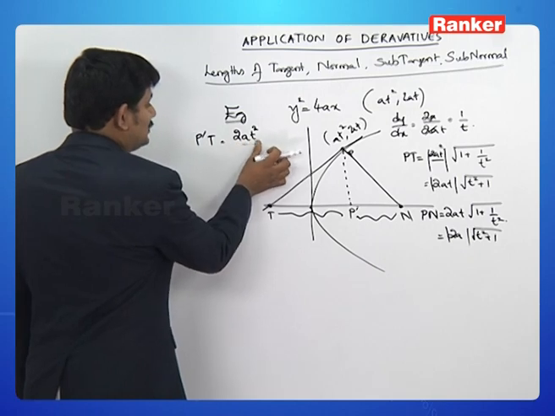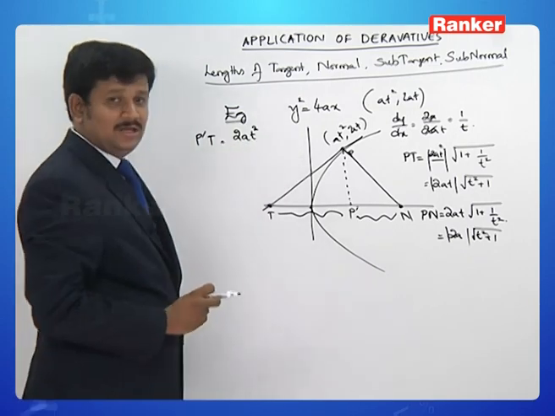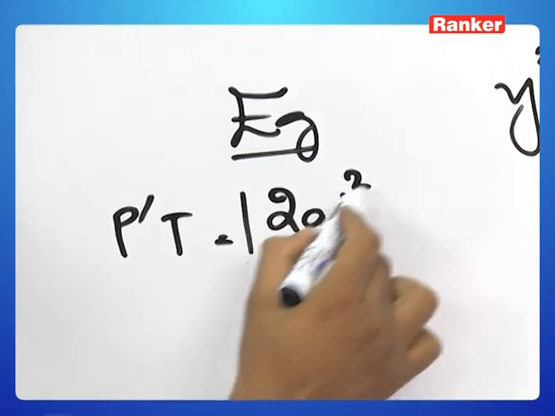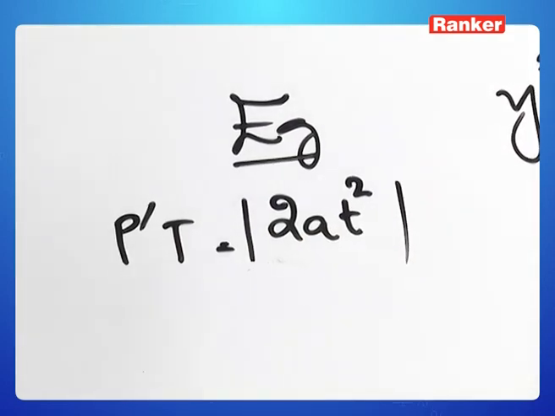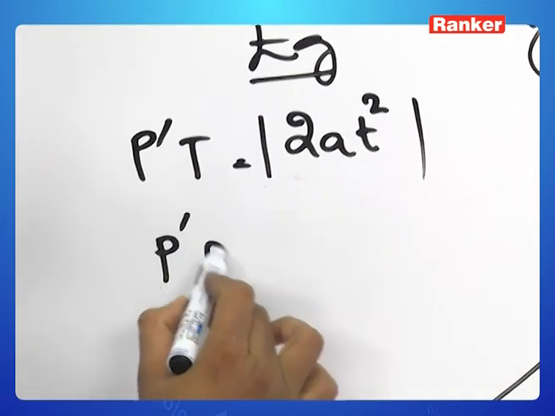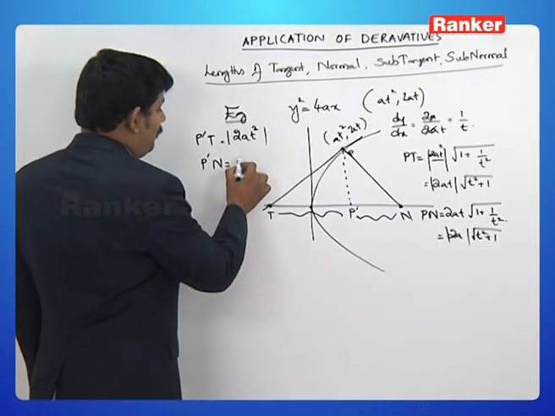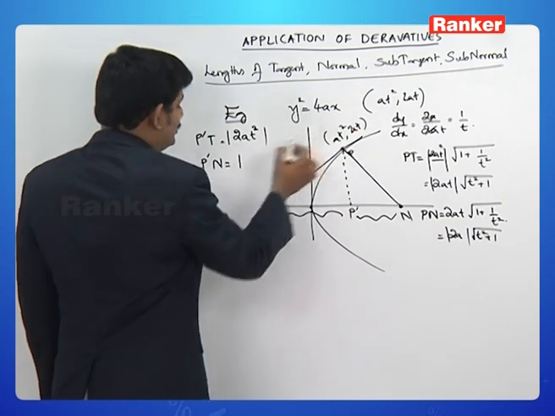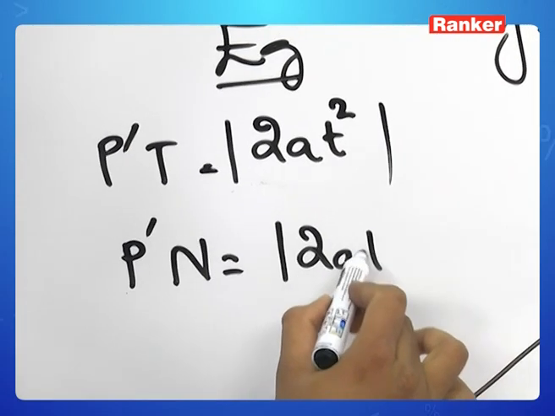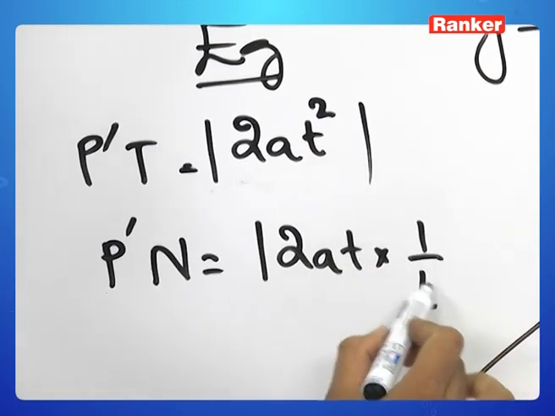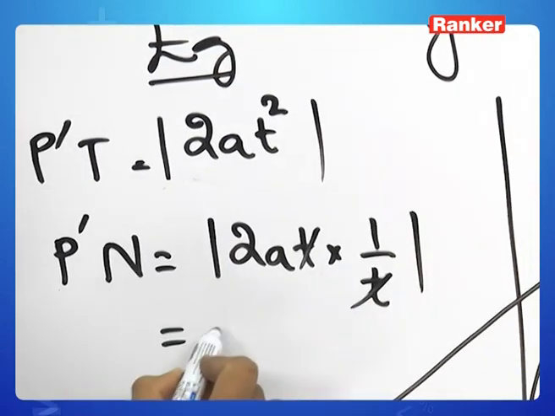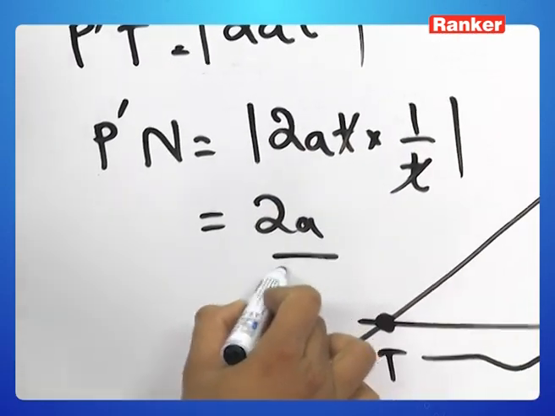So, length of the subtangent is 2at square, and because length has to be positive, let us put a modulus sign. And then length of the subnormal P dash N, it is mod y1 into m, y1 is 2at into m is 1 by t, t gets cancelled, it is mod 2a.